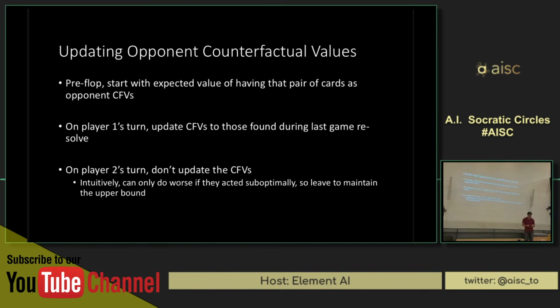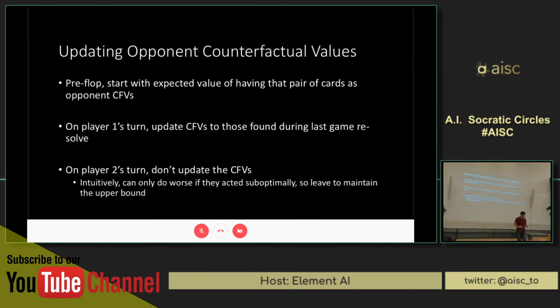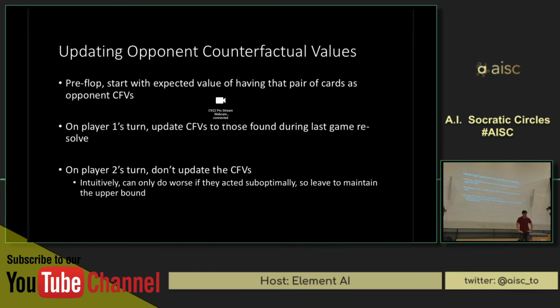Okay. And the nice thing is you can do updates of these counterfactual values along the way. So you can update your range using those Bayes rule ideas. And then you can update the counterfactual values using some particular rules that I don't want to go into. But you can properly do it to keep the right range, to keep the right upper bounds, and do the appropriate thing.